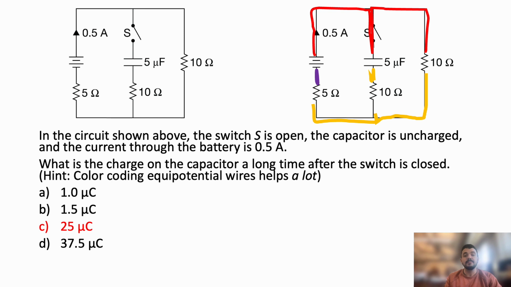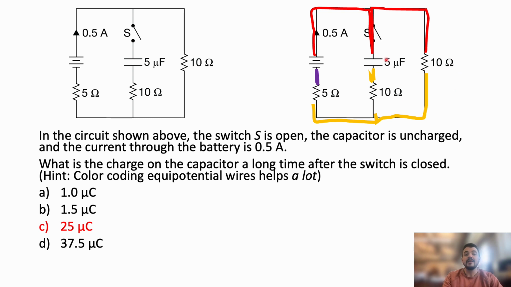Our end goal is to find the delta V across the capacitor, but we'll notice that we have red and gold here. I can use this resistor over here to find the difference between red and gold to then find the delta V across the capacitor. So I can use the other branch to figure out something about the capacitor branch.